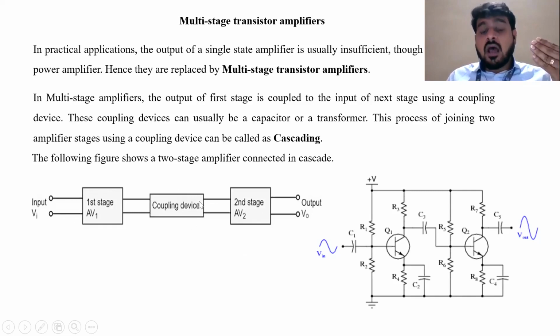Now here the gain signal is already there, and it becomes the input of the second stage. If I assume that from the first stage I got 50% gain, then that 50% gain signal becomes the input of the second stage.